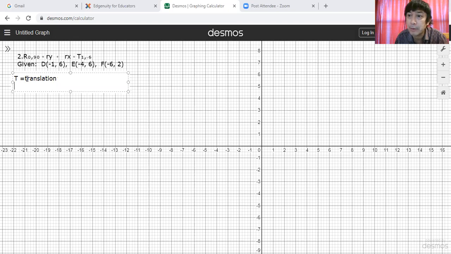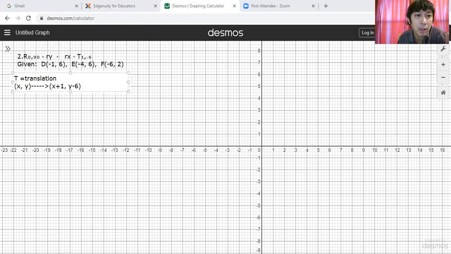And the rule for translation: we have x, y, and then the arrow. For translation, we're going to use the 1 and the negative 6. That would mean x plus 1, using a small letter x, and the negative 6 will be added to the y, so that becomes y minus 6. So here's the rule for the translation.